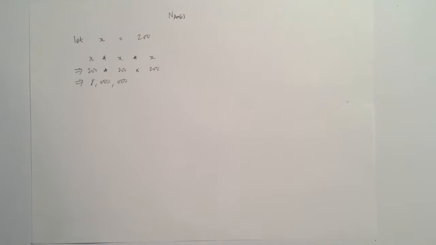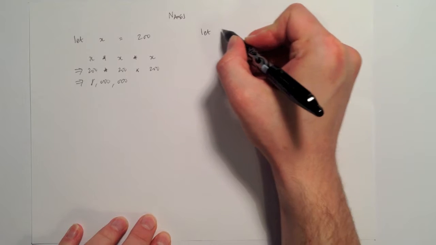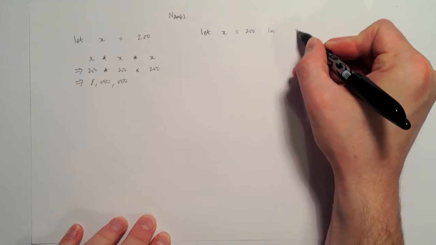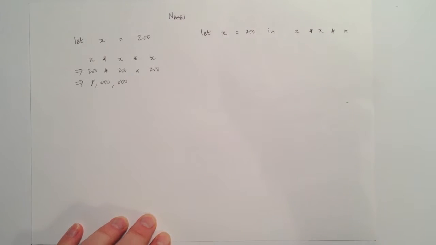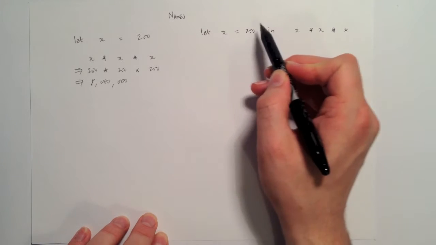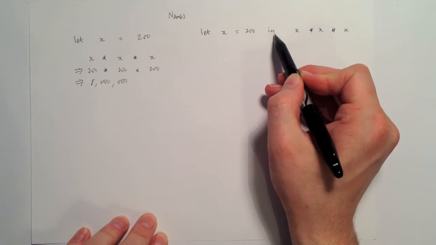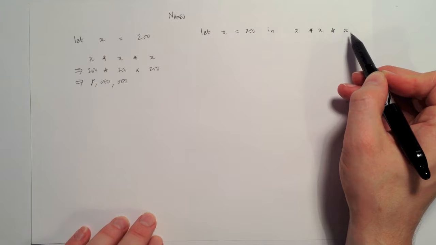But we'd like to combine these all into one thing, and to do that we use a slightly different formulation. We write let x equals 200 in x times x times x. So here we say let, the word let, the name we want, the expression whose value we want to associate with that name, then the word in, and then the expression which uses that name.